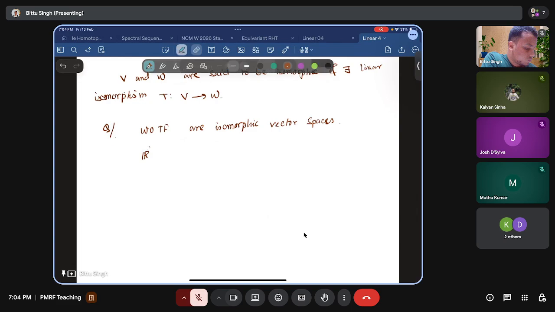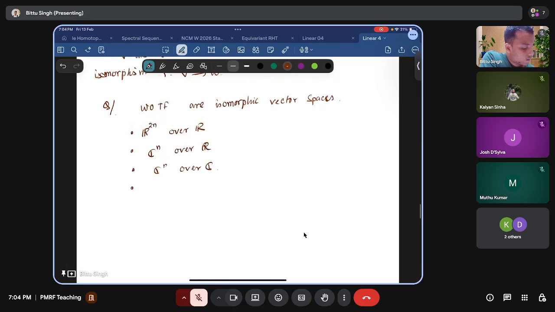R2n over R, Cn over C, Cn over R, and Cn over C, and polynomials up to degree n over R. So P_n(R) is already over R, but I am writing it again. Can you see which of the following are isomorphic vector spaces?